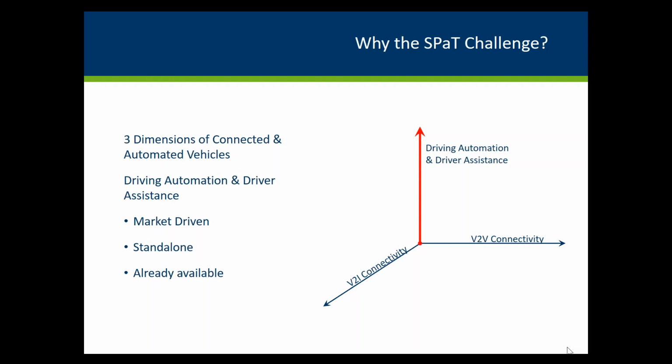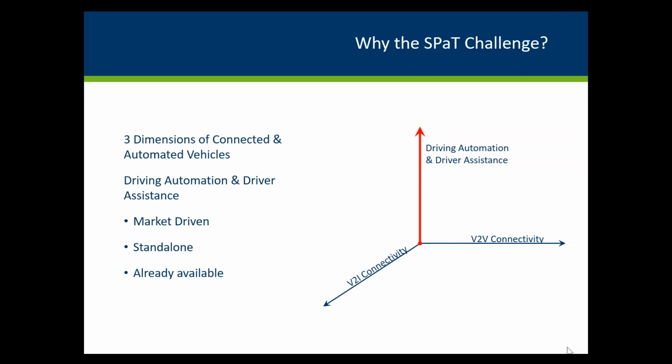So how many have adaptive cruise control on your car? All right, so that's level one, driving automation. You set your speed and it runs the gas pedal for you, but if the car in front of you is going slower than you are, you'll slow down, or it can even put the brake on automatically. That's driving automation. Driver assistance, that's technology in the vehicle.